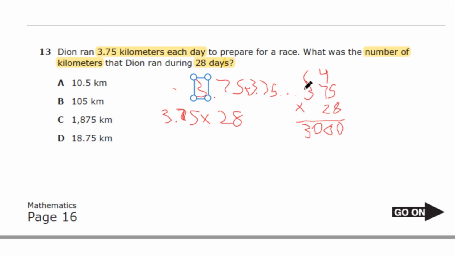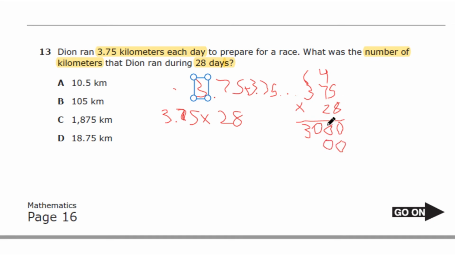So now we're going to multiply 375 by 20, not just 2, 20. So we have to write down an extra 0 here to represent the 0 of 20. And now we multiply 2 by all of these. So we do 2 times 5, which is 10.